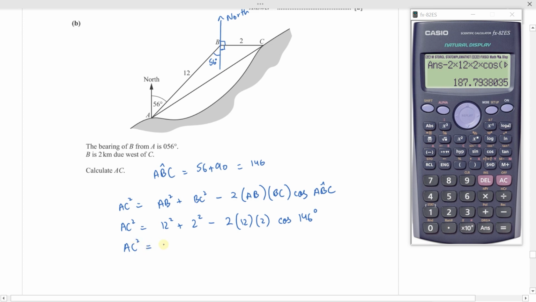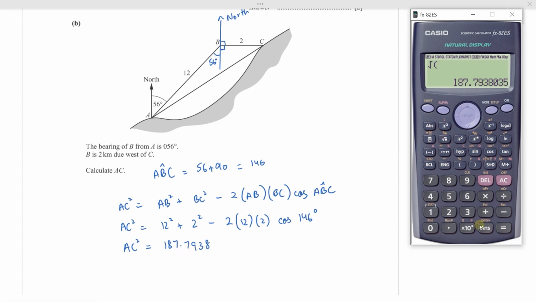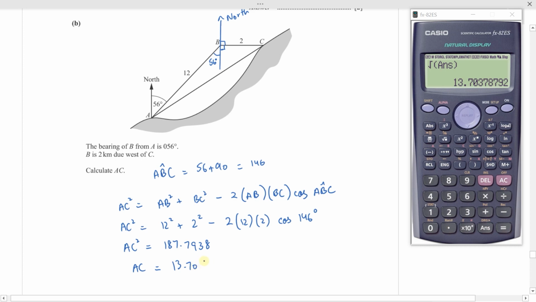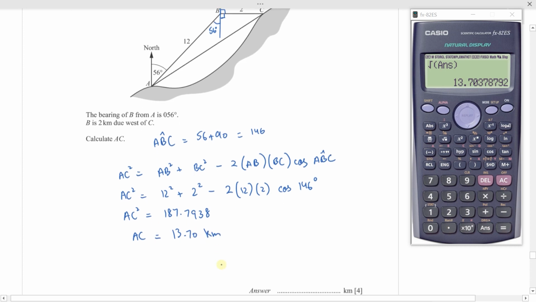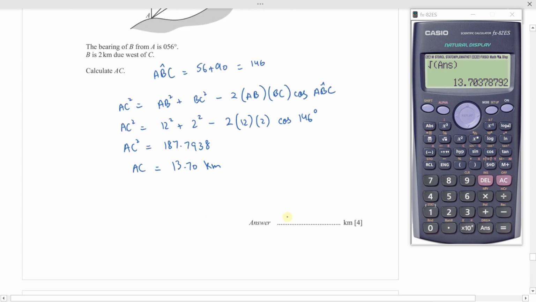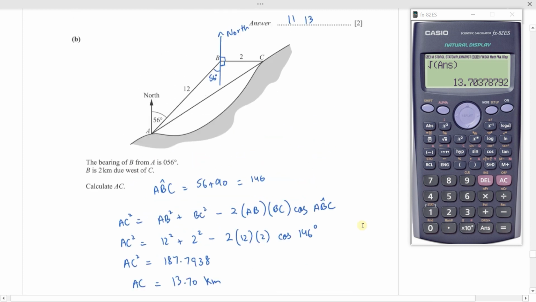So AC square is 187.7938. And AC will be the square root of this, 13.7. AC is 13.70 kilometers up to three significant figures. So you can write 13.70 kilometers.